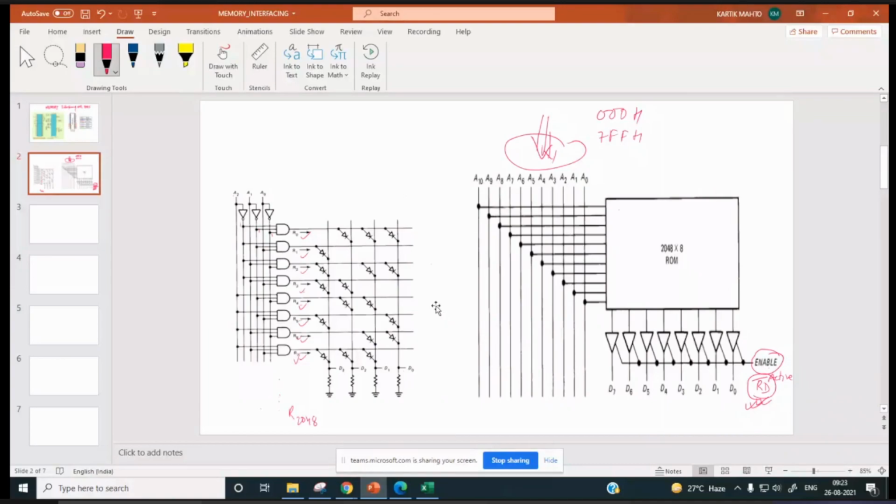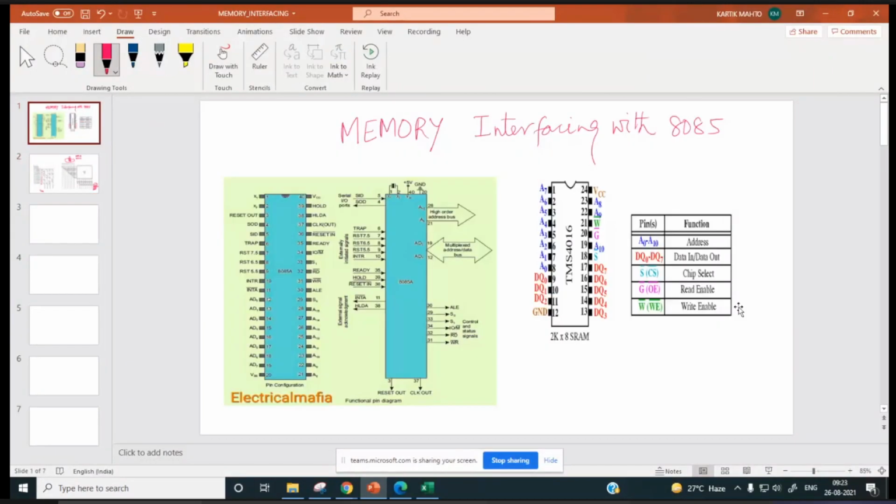Okay. So in a memory chip, what will be the different pins? You can see address pins are there: A0, A1, A2, A3, A4, A5, A6, A7. Data pins are there: D0, D1, D2, D3, D4, D5, D6, D7. Similarly, if you want to read data from this chip, then you have to make read bar low.